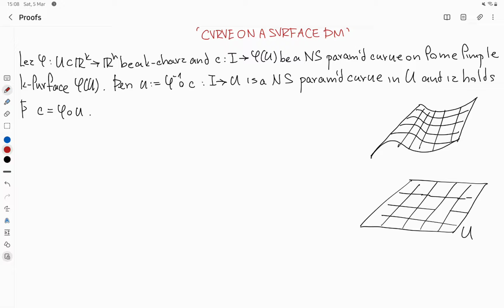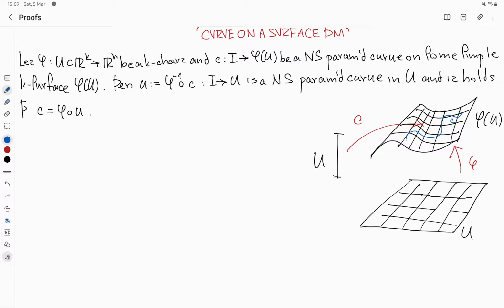And between them we have the k-chart phi. Right, here on the side we have the interval I. This is phi of U, right? And some curve C mapping this interval onto the surface. Right, so we have some curve C here.